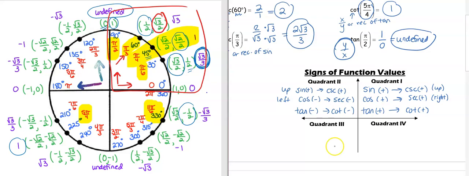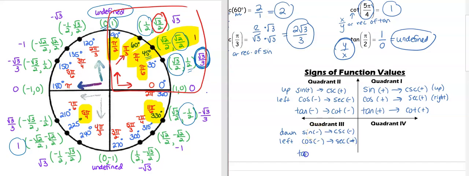Now we move down to quadrant 3. When I'm in quadrant 3, I'm going to the left and I'm going down. Because I'm going down, my sine is going to be negative, which means my cosecant is going to be negative. Because I'm going left, my cosine is negative, and my secant is going to be negative.